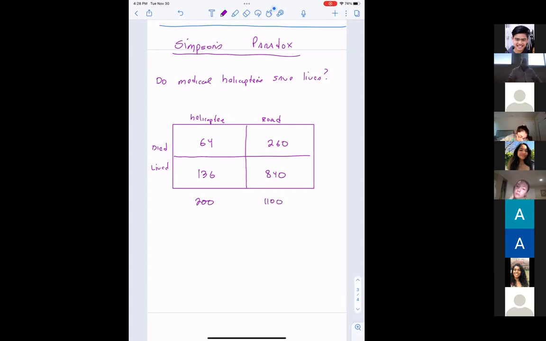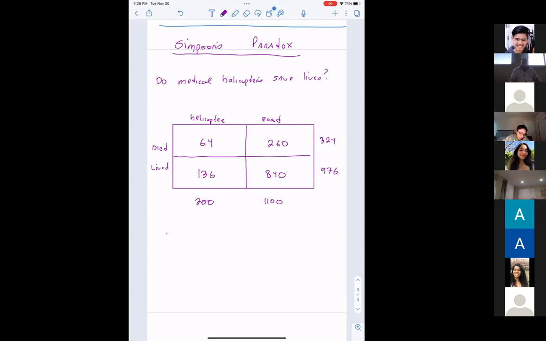And if all I cared about was whether they died and whether they lived, then I would care about the margins in the rows. And I get 324 and 1,170. No, not 1,100. 976. So this is the data.